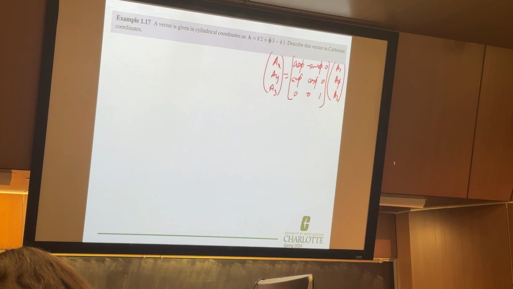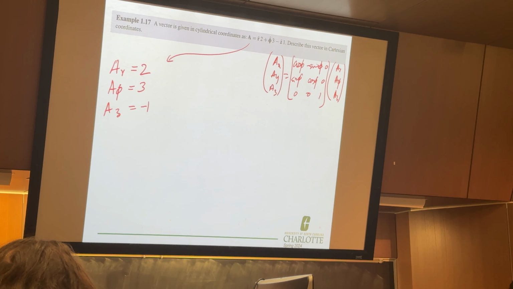Okay, so that's our transformation matrix, and we can use that matrix to transform the vector given here, right? A sub r equals 2, a sub phi equals 3, and a sub z equals minus 1. So the vector on the right hand side is 2, 3, and minus 1.